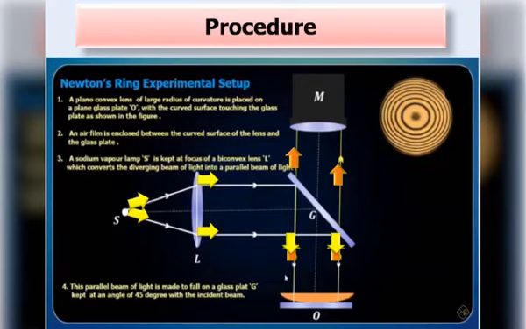From the glass plate G, the light rays bend by 90 degrees and fall normally on the plano-convex lens, which is kept on glass plate G1. The light rays reflect and interfere, and if we observe through the traveling microscope, we see Newton's rings formed, which are alternate dark and bright concentric rings.